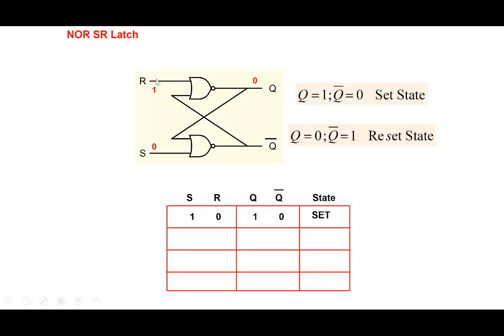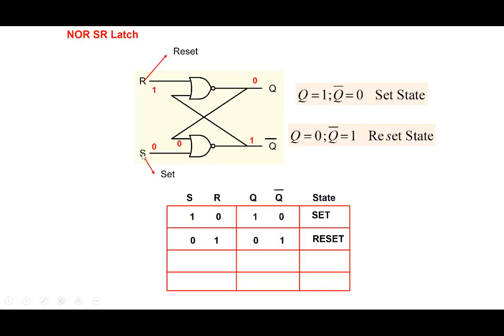The moment we put R equal to 1, irrespective of whatever is the state here, it goes to 0 here. And 0 and 0 here then puts it to 1 here, right? So when the reset input is 1, the latch goes into a reset state, and reset state means the output Q equal to 0, and then the complement part is 1 here.